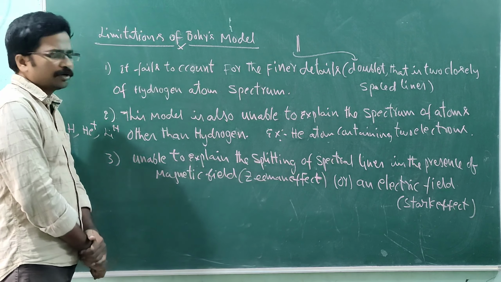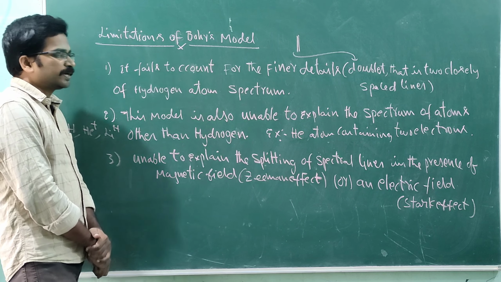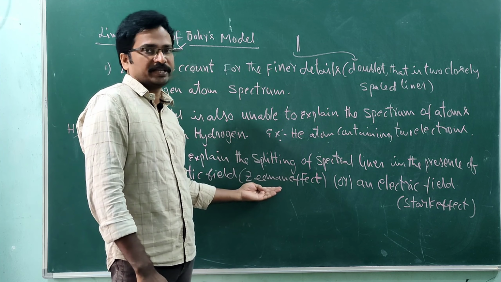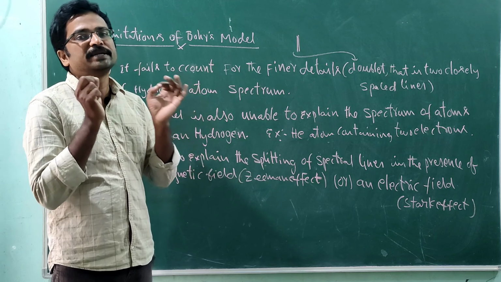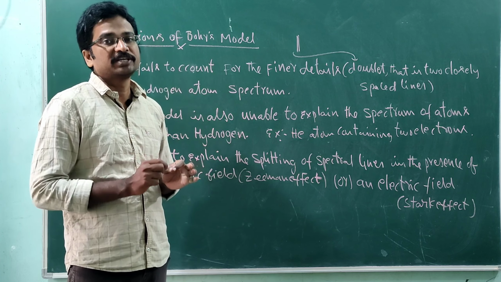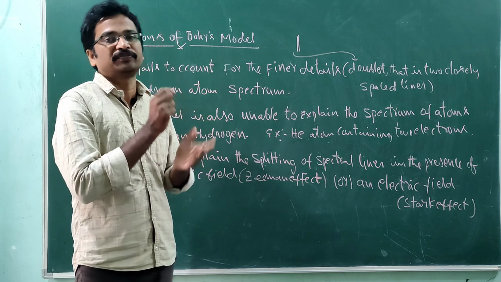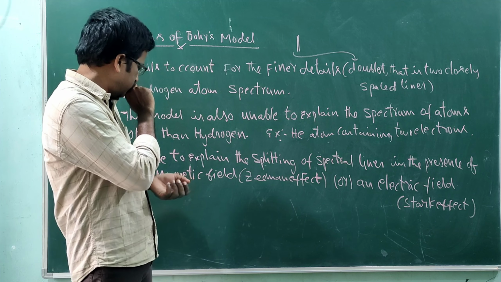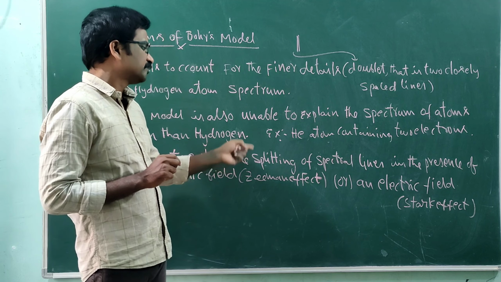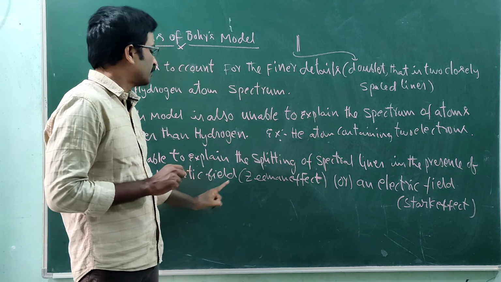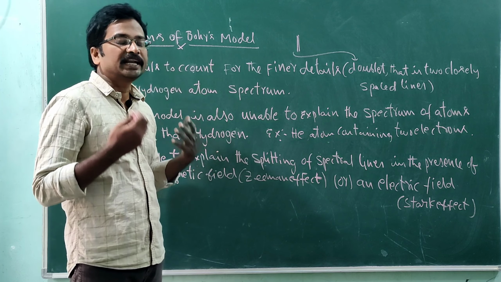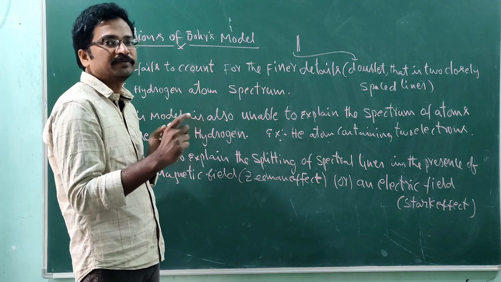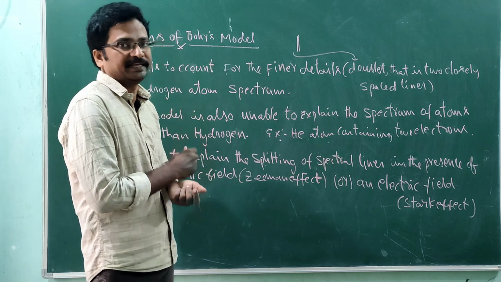Next, third point. It is unable to explain the splitting of spectral lines in the presence of a magnetic field, which is known as the Zeeman effect. In the presence of a magnetic field, the spectral lines undergo splitting.